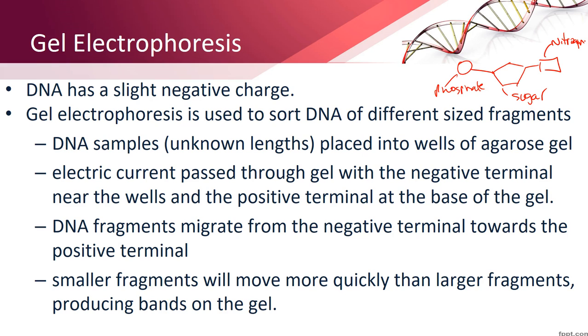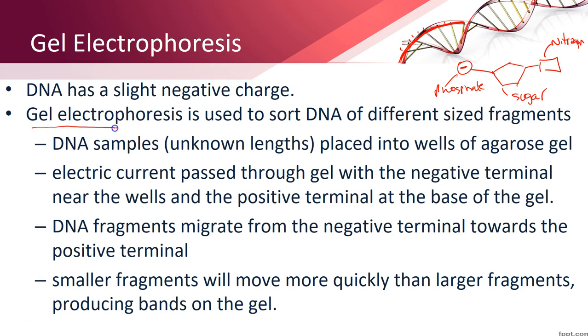Okay, so the key thing with our phosphate though is these phosphate groups are negatively charged, which means that along the backbone here on our DNA in this diagram, this is actually really negatively charged. So what that means is overall DNA has a slight negative charge. It's not a really strong negative, but it's enough for us to be able to differentiate DNA from other things.